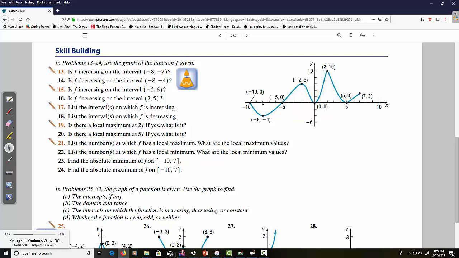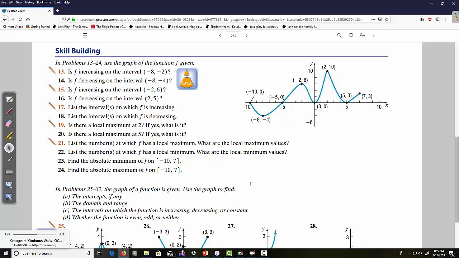Well, a good way of thinking about it is to think about slope. If you remember when we talked about slope in 2.3, a line had a positive slope if it went up as it went left to right, and a negative slope if it went down as it went left to right. Well, those are basically the same conditions for increasing or decreasing.